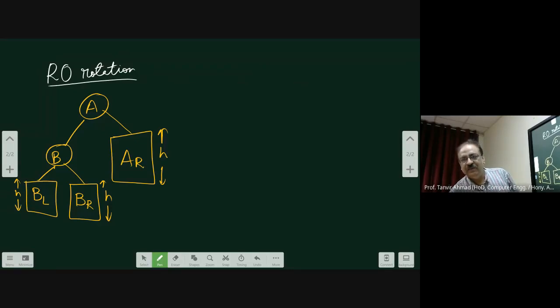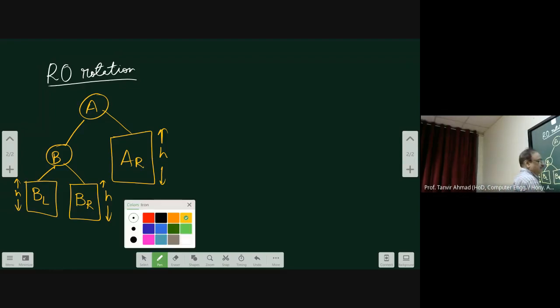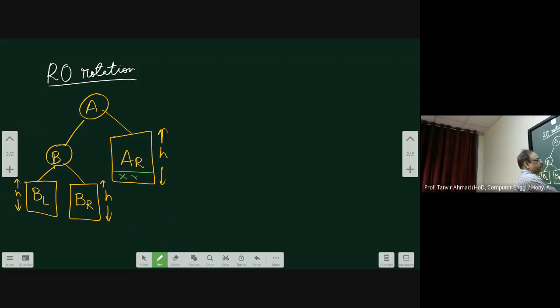That means this case of R0 is the case where you are deleting something from AR. I will delete from here, and if I delete, it becomes h minus 1. And the balance factor of this will become plus 2.